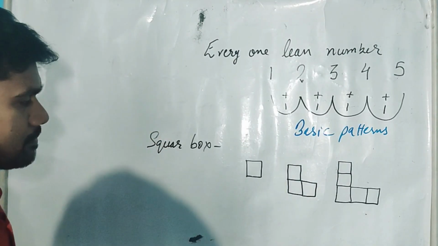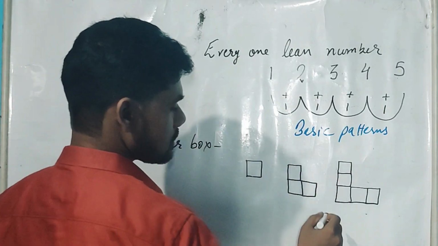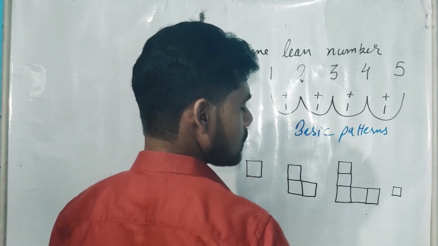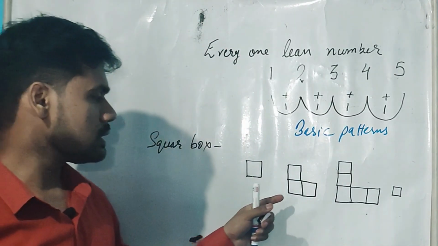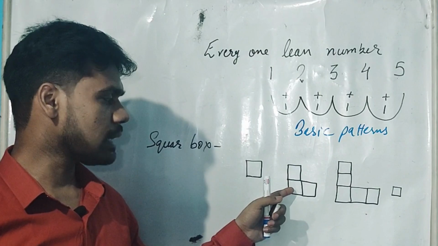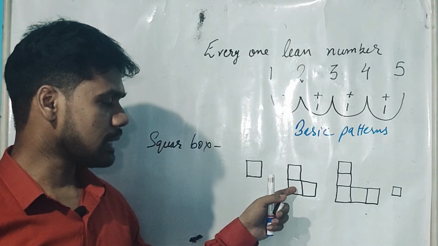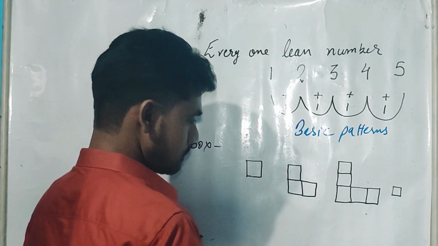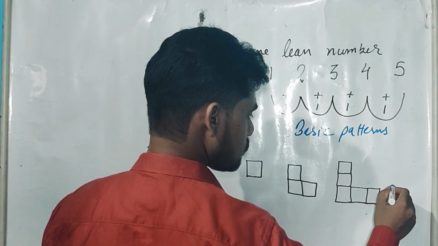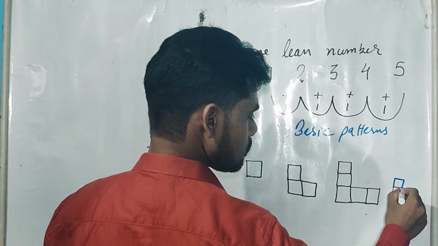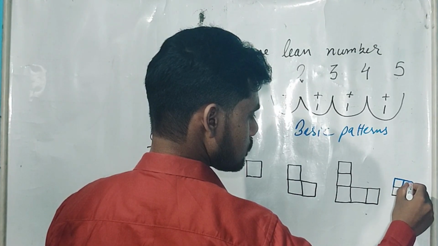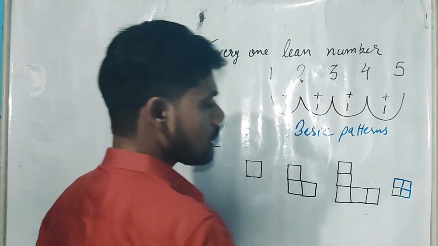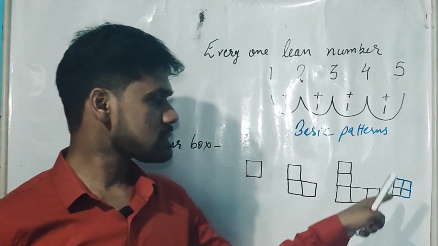If you see all these patterns, here is one square. If you put this pattern diagram on this, it looks like this. It becomes a square pattern.